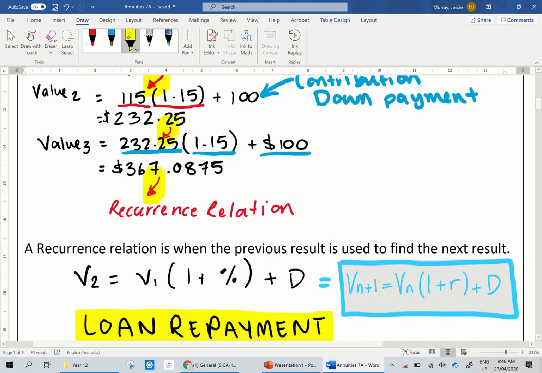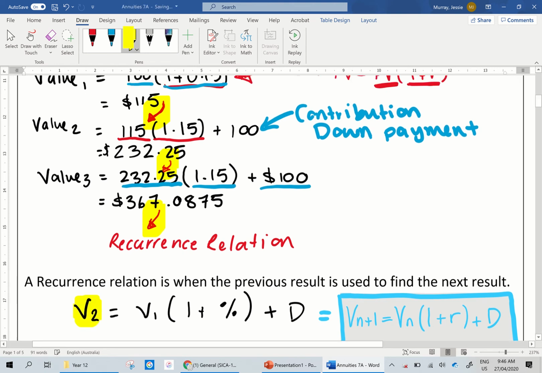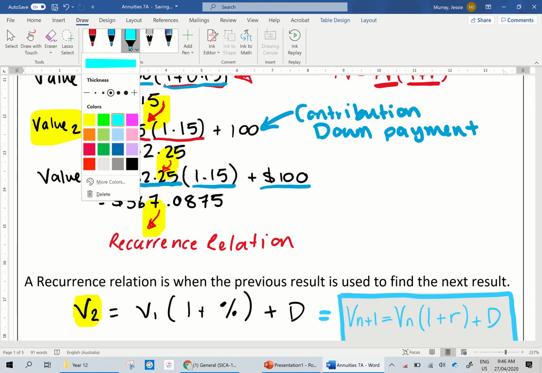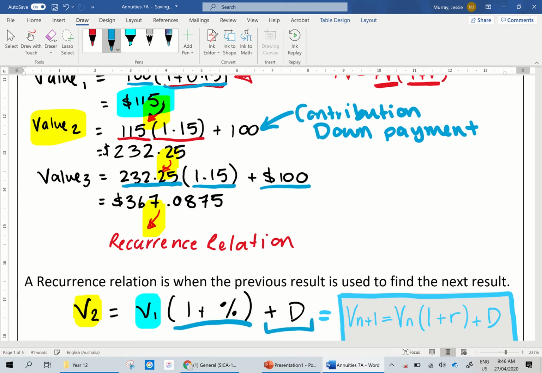Now don't get too confused about all the letters and numbers here. My second value, so think about my value 2 here. It used value 1's result. Then it charged it interest, and then it added that down payment again.